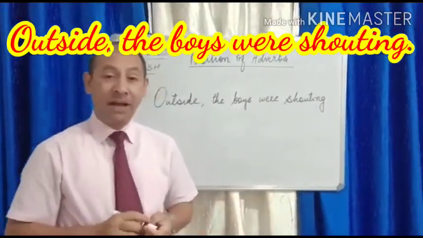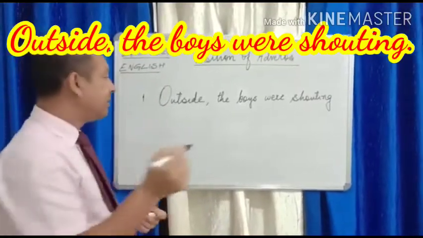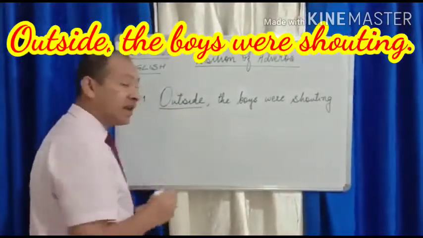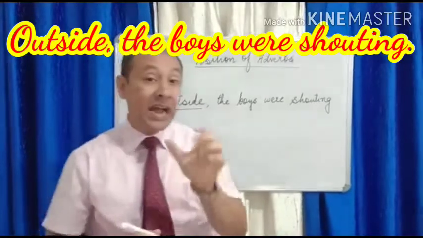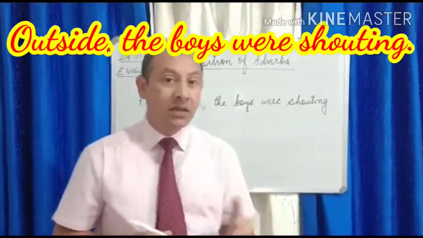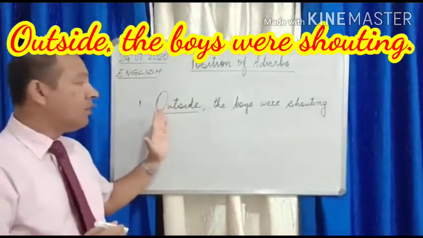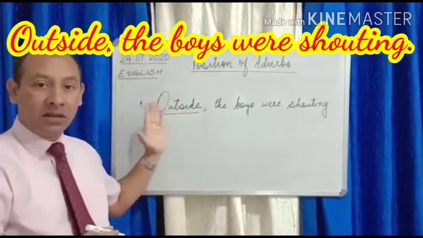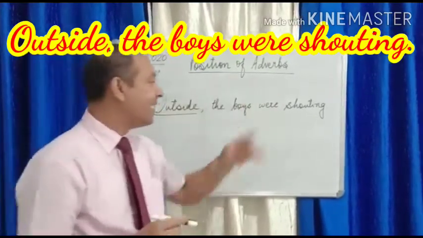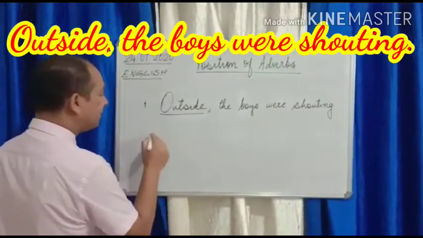If you identify the adverb, it starts at the beginning of the sentence, outside. Why? It shows you adverb of place, outside. If I were to shift this adverb to the end, then the sentence would change.